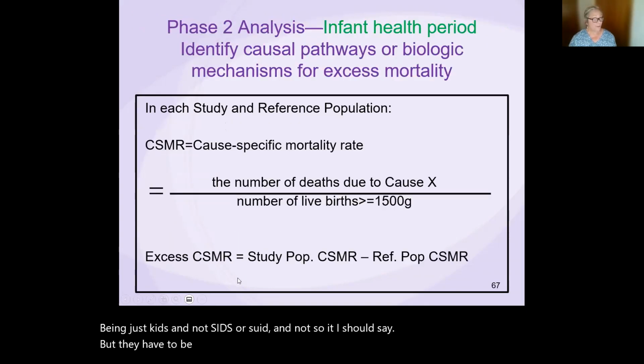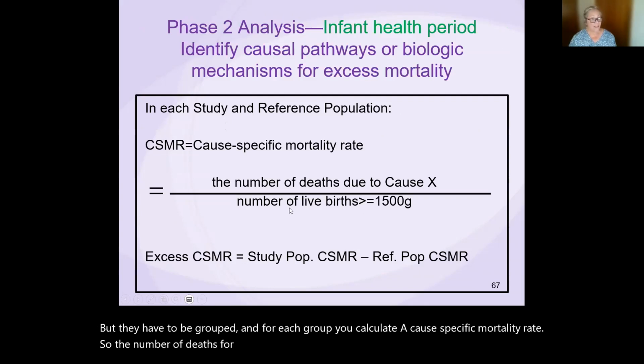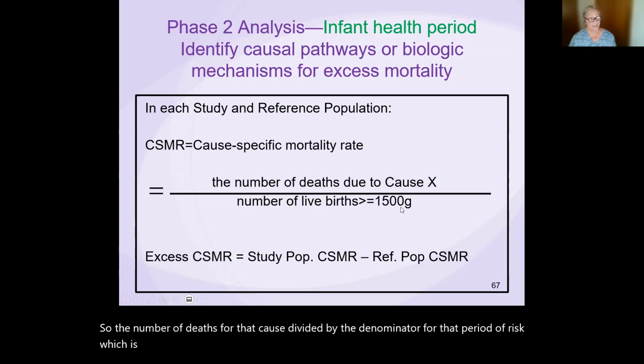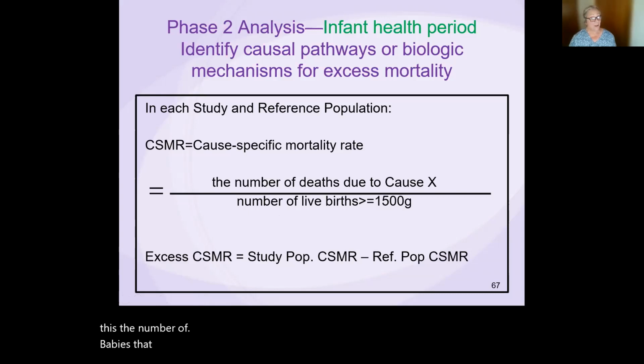And for each group, you calculate a cause-specific mortality rate. So the number of deaths for that cause divided by the denominator for that period of risk, which is the number of live births greater than or equal to 1,500 grams. You could take away from this the number of babies that died in that yellow box, but it's going to be a tiny, tiny number.